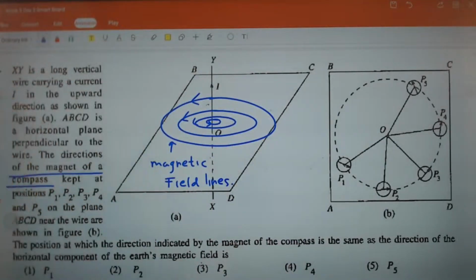The position which is directly near the magnetic compass is the same as the direction of the horizontal component. Alright, figure B. They are kept at locations P1, P2, P3 as shown in figure B. The position at which the direction indicated by the magnet of the compass is the same as the direction of the horizontal component of the Earth's magnetic field.